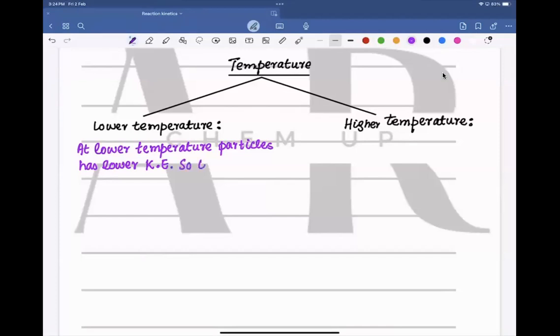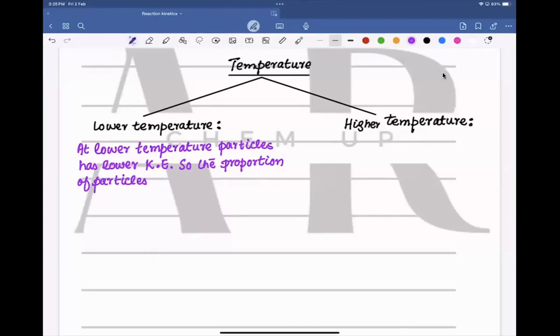So it means that if the particles have lower kinetic energy, then out of the total particles, there are fewer particles which have energy equal to or greater than activation energy.